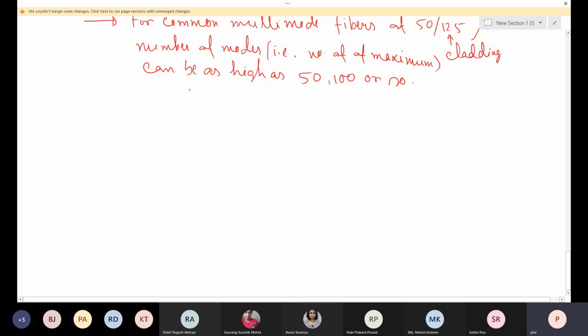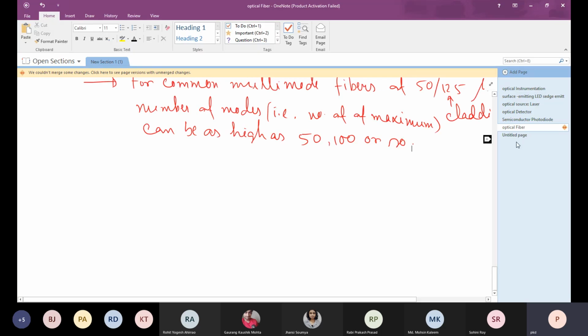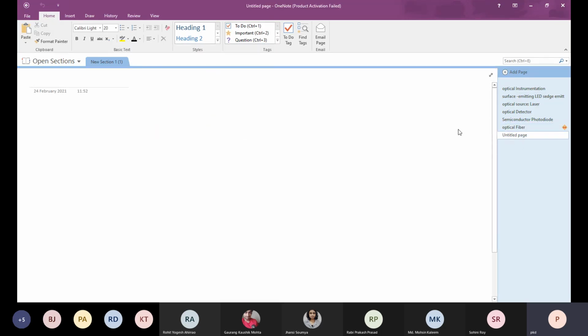So we can go to a new section here, a new page. Optical sensor. So optical sensors can be of two types.